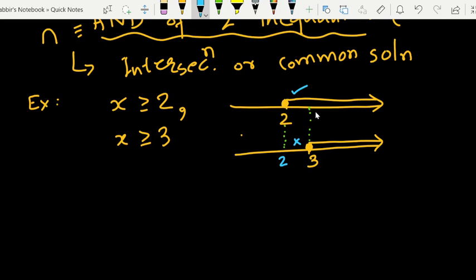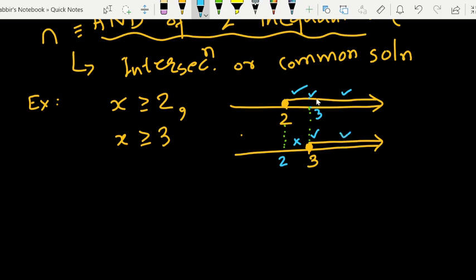Now 3 is included here, and 3 is included here as well. Values greater than 3 are included in both.